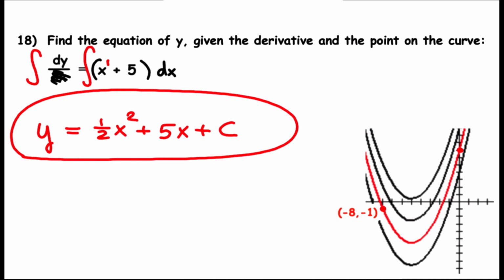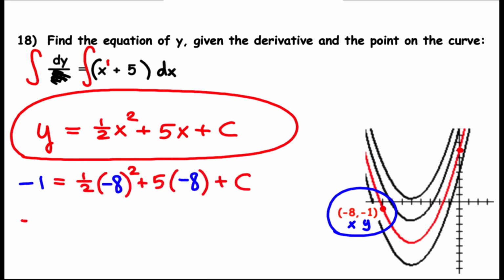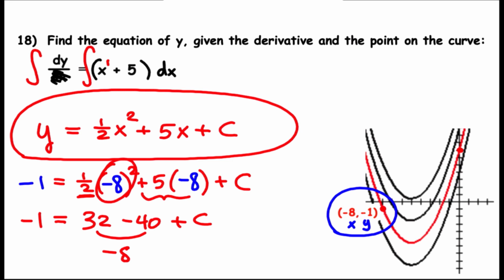All right, I do know that I have the point -8 and -1 at my disposal. And I know that the -1 is the y. I know that the -8 is the x. So I'll have -1 equals, let's see, 64, cut that in half, that's 32 minus 40 plus c, that's -8 plus c equals -1.